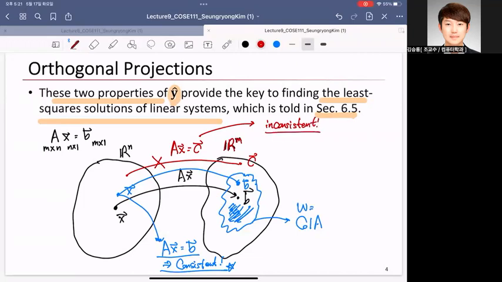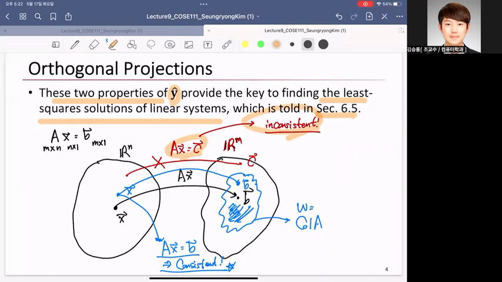So as we discussed previously, in practice most of your linear systems look like this. Most of your linear systems will be inconsistent systems. So you may not solve your linear system with the techniques we discussed so far.